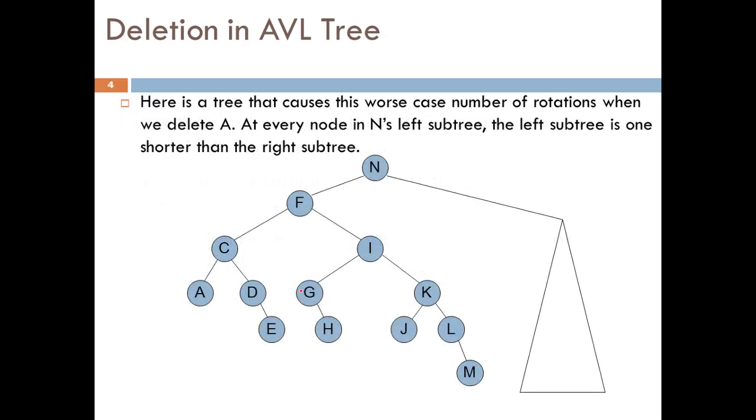Let's say this is the tree. Here is a tree that causes this worst case number of rotations when we delete a node in n's left subtree. The left subtree is one shorter than the right subtree. For example, if we look at this particular tree, n is the root node and this is the left subtree of this one, and this is, for example, the right subtree of this node.